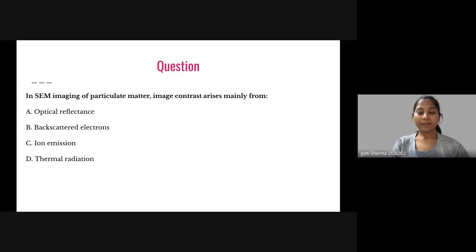Yeah, B is the right answer because this is a scanning electron microscope. We are using electrons, backscattered electrons, to tell the proper shape of your particulate matter, right? We can image the particulate matter based on this microscope, the scanning electron microscope.